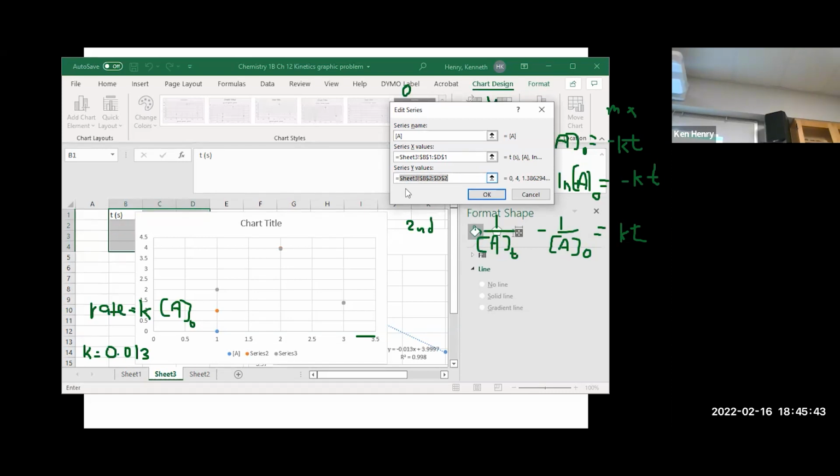It works better with the natural log fit. Okay, so then it's a first order reaction.